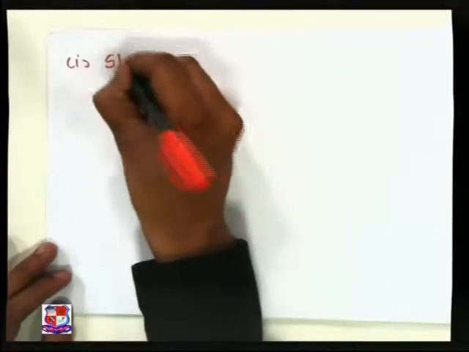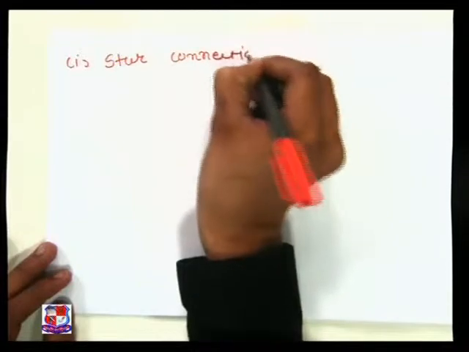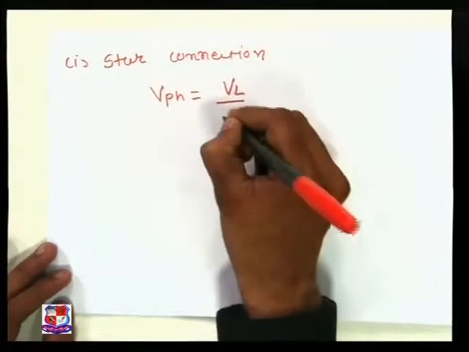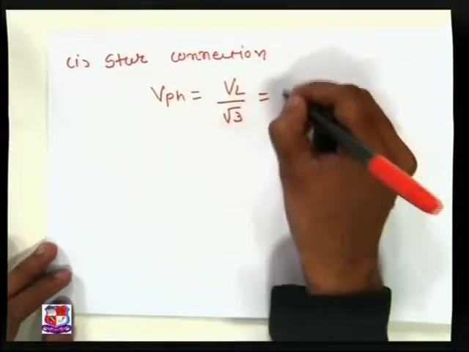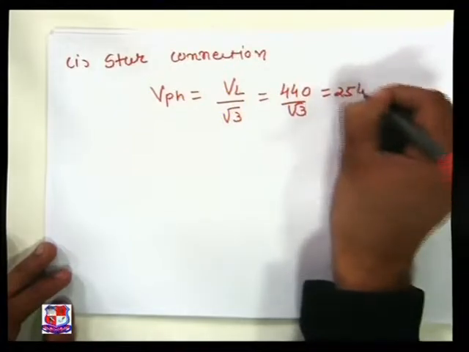What are the measured parameters of the load and what is the reading of the 2 wattmeters connected to measure power? Everyone, first we have a star connection. In our star connection, we know V phase is equal to VL upon √3, so we get 254 volt.